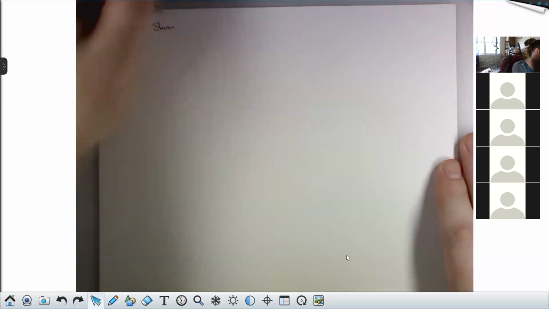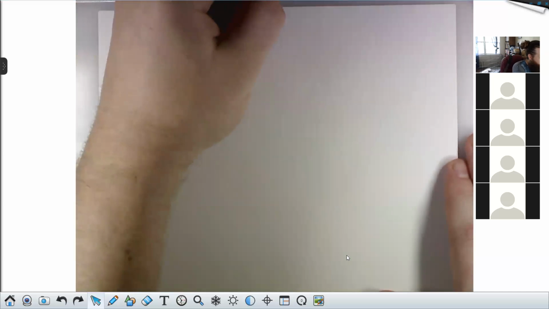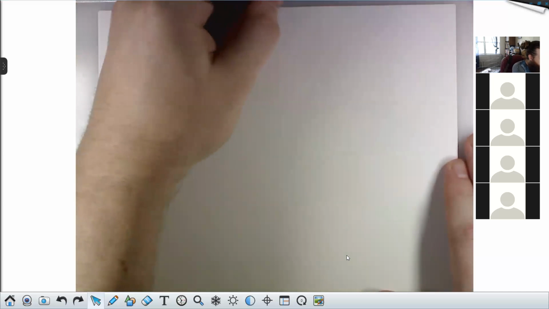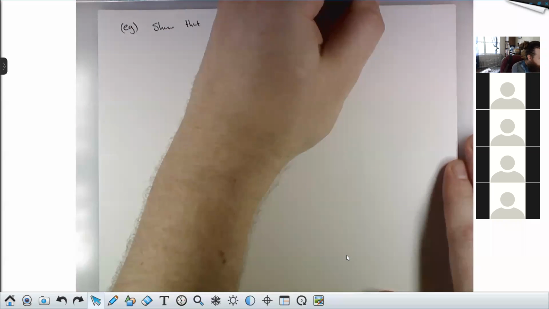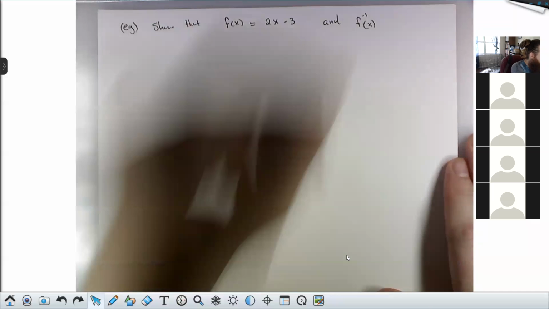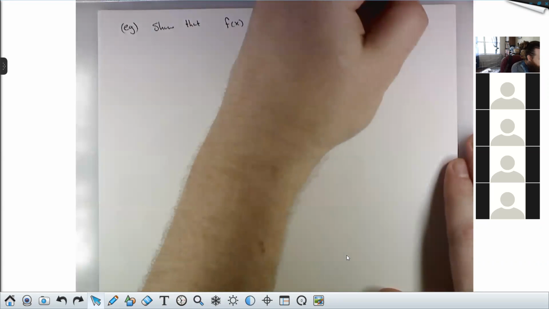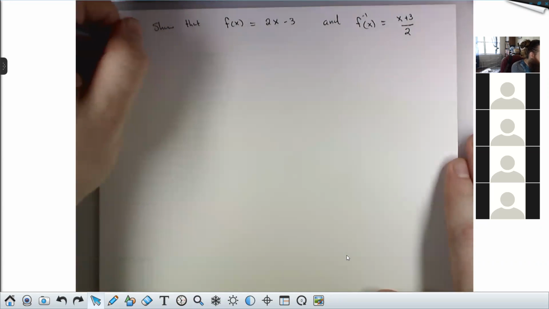For example, show that f of x equals, I don't know, 2x minus 3, and f inverse, this should be (x plus 3)/2, are inverses.